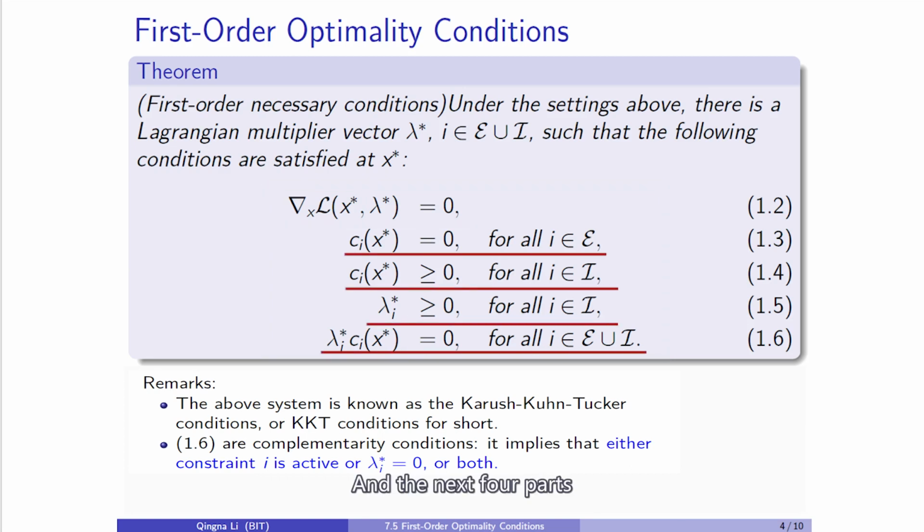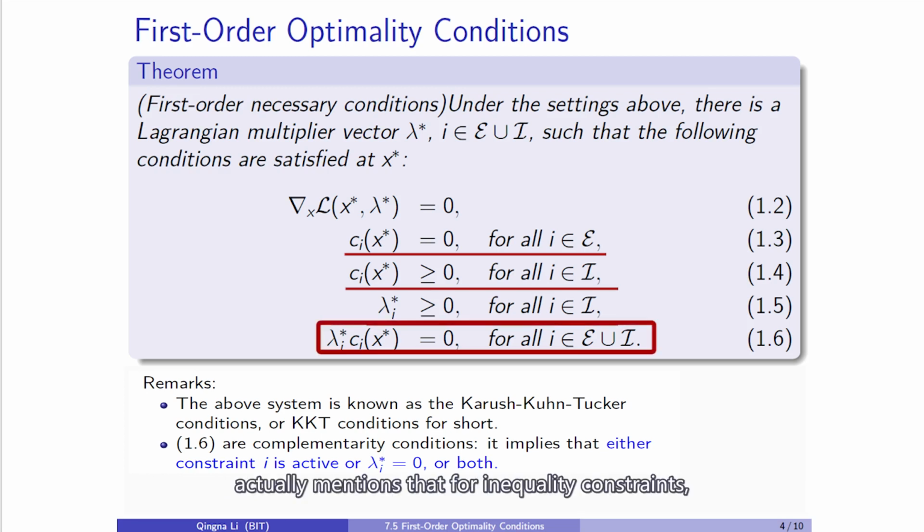And the next four parts mention the feasibility conditions as well as the complementarity condition. The feasibility condition requires that x star must be a feasible point, so the equality constraints here and the inequality ones here. The complementarity condition mentions that for inequality constraints, we have an extra requirement for the multiplier lambda.